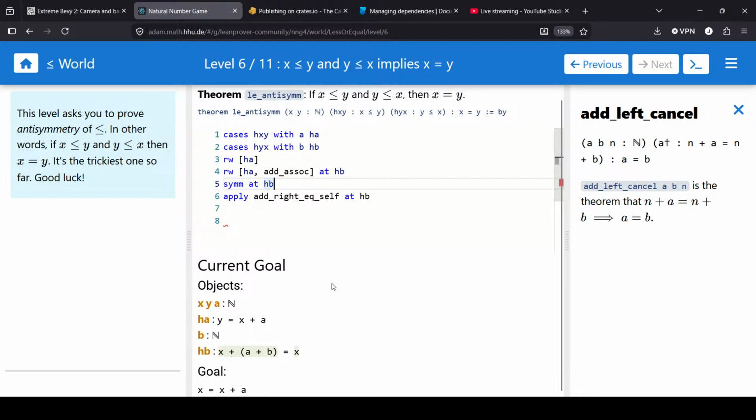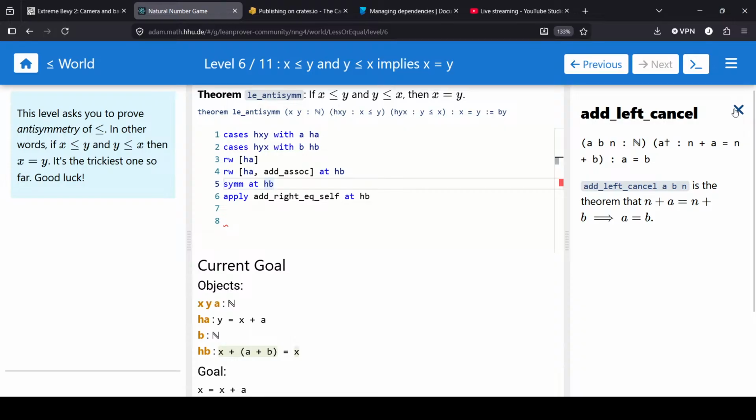Like, I feel like if I rewrote u as, like, x plus 0... No, then it would still be... That would just put me back at the same place I'm currently at. So that's not helpful.